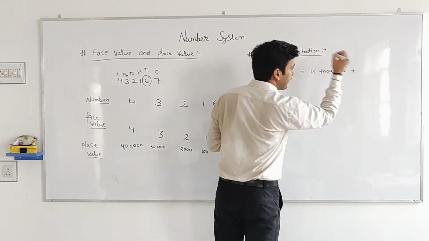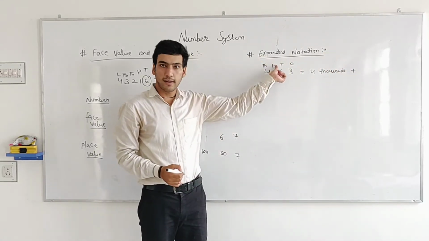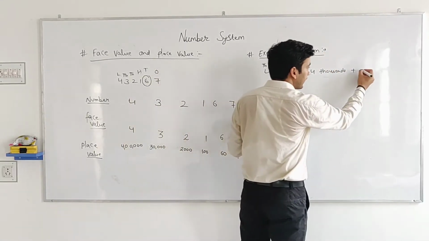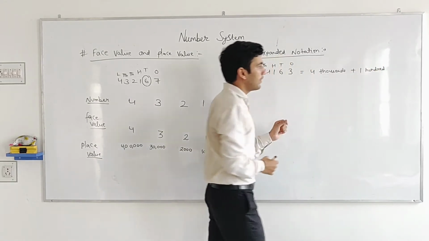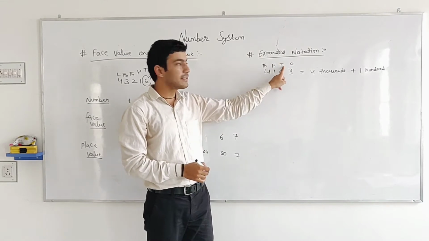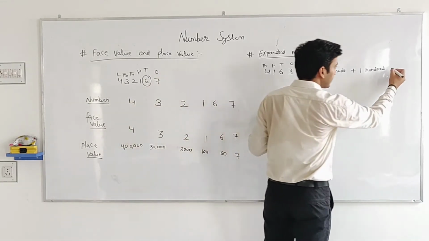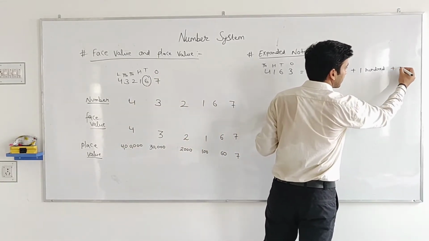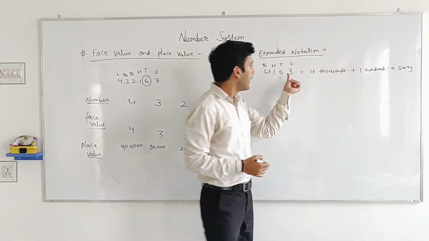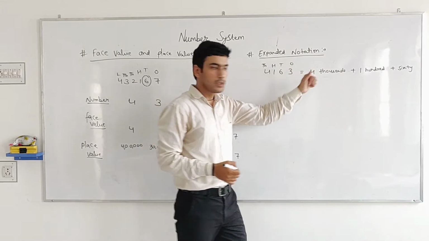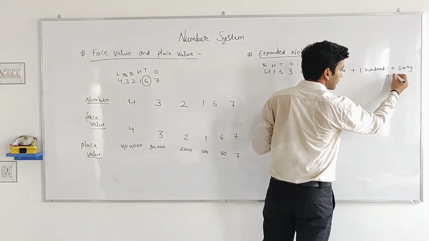So we can write here 4 thousands. Next, 1 is on the 100's place, so we can write here 100. Next, 6 is on the 10's place, so you can write here 60. And last, 3 is on the ones place, so you can write here 3.